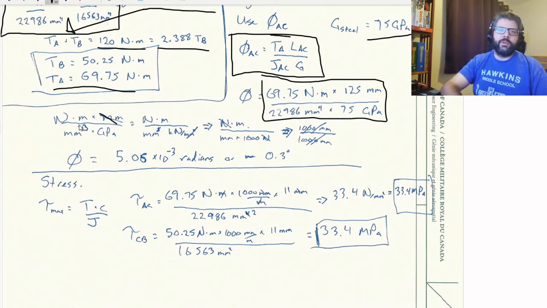So I crossed out one of the millimeters, and then subbed in GPa for kilonewtons per millimeter squared, because of course a megapascal is a Newton per millimeter squared, so kilonewton per millimeter squared is a GPa.